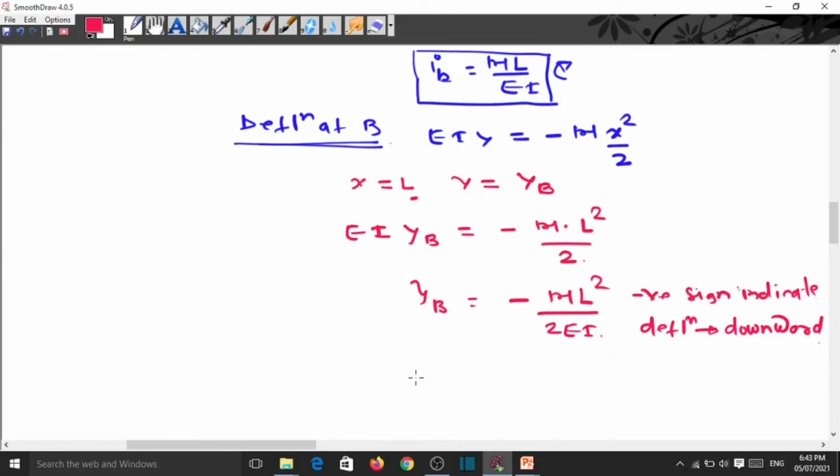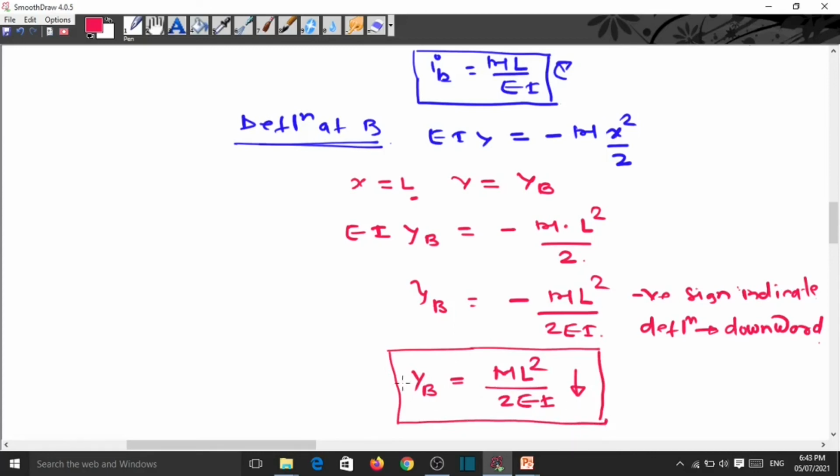So we can say that yB is equal to ML square by 2EI, and the arrow is down. So this is the deflection at the free end. So this is the expression for the slope and deflection at the free end when the cantilever beam is subjected to a moment at the free end.